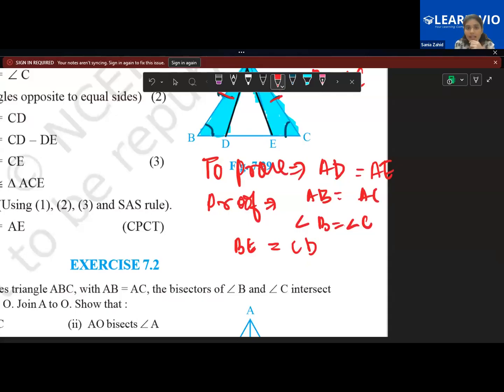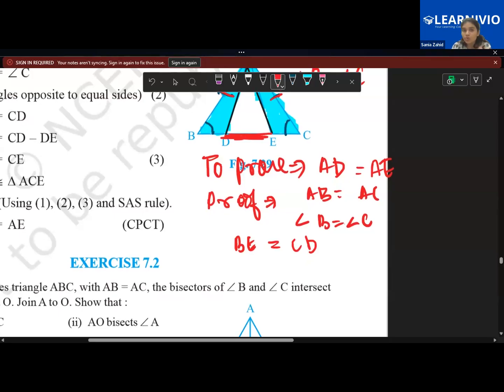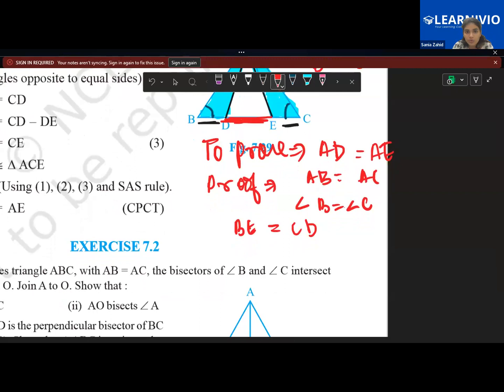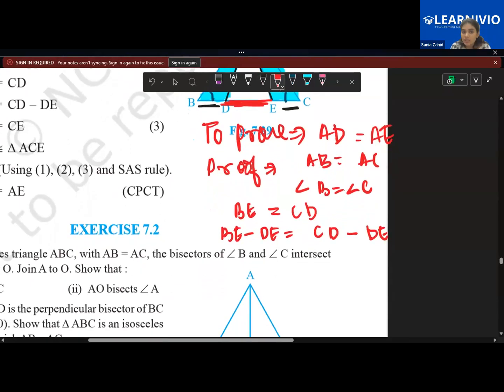BE line and CD line have this part in common. They both have DE in common. And if I remove DE from both of the parts, I will have BD and EC with me. So I will do BE minus DE is equal to CD minus DE. Both the sides I have subtracted DE, and BE minus DE will give me BD and CD minus DE will give me CE.